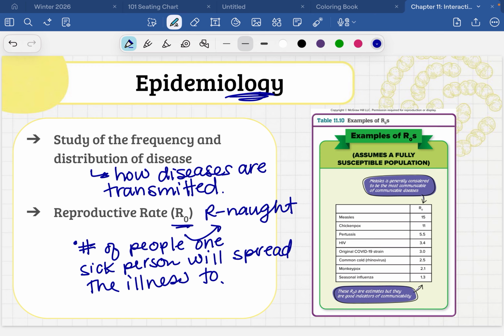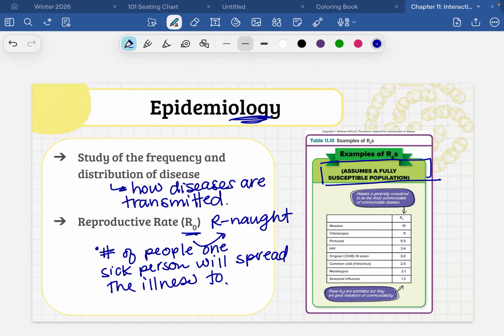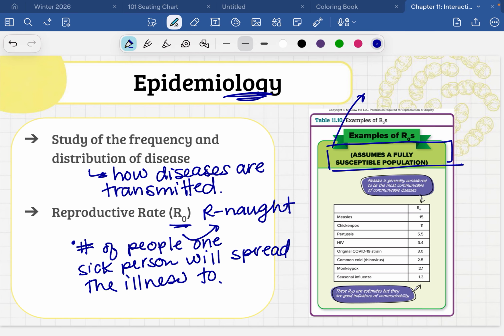Now, if we look at this chart over here, you'll also note that R naught assumes a fully susceptible population. And what I mean by that is there are no vaccines and no immunity. We'll talk more about immunity in just a second.